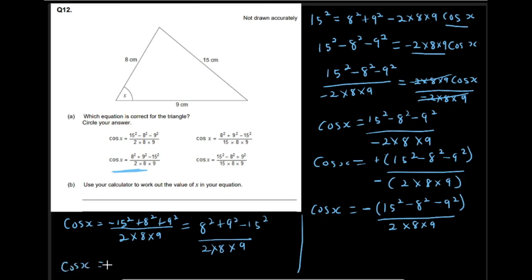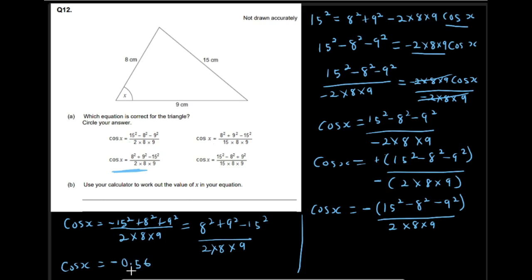We have that cos x first will be equal to, we can use our calculator to simplify this. This is 8 squared plus 9 squared minus 15 squared, divided by 2 times 8 times 9. That will give us minus 0.56.